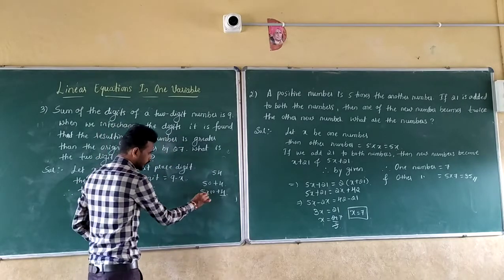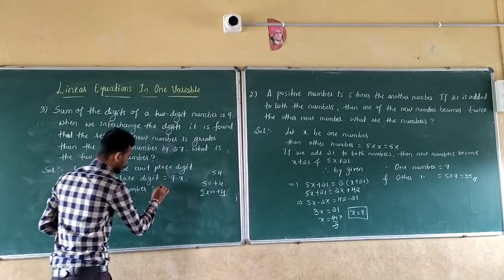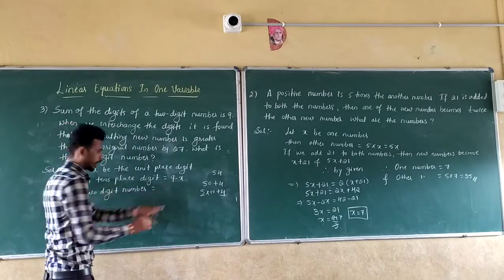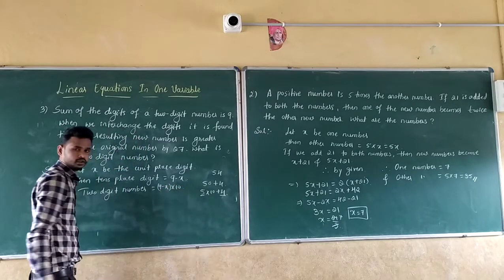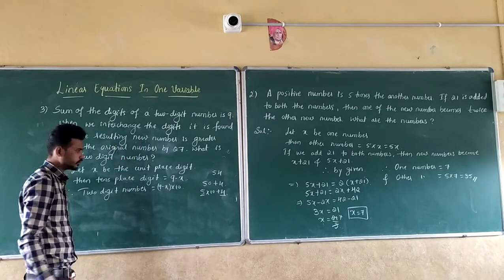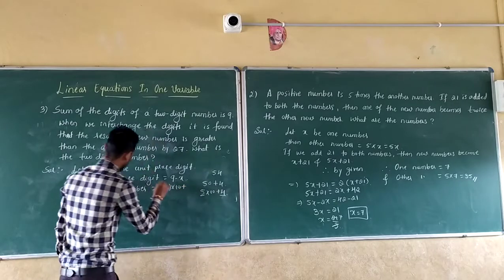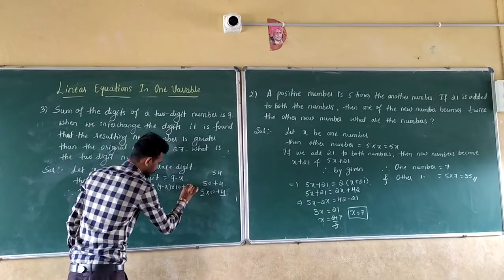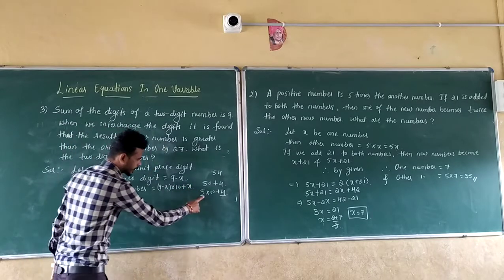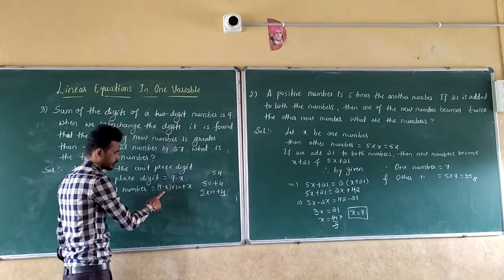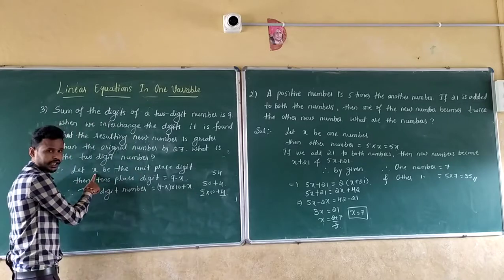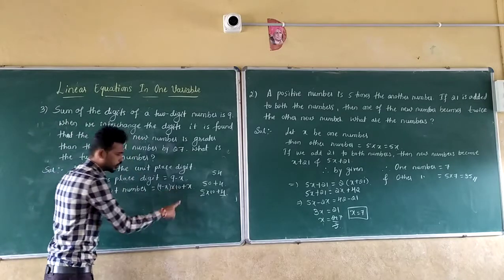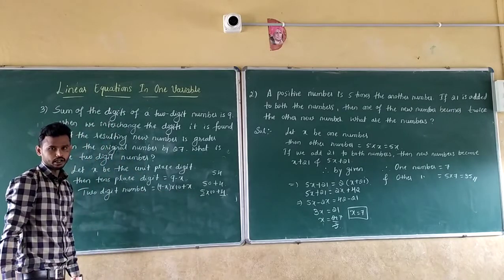So we can write the two-digit number like this: the tens place digit is 9 minus x, into 10, plus the unit place digit x. So now this is our two-digit number.